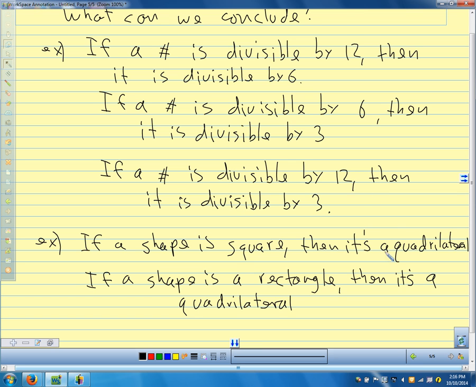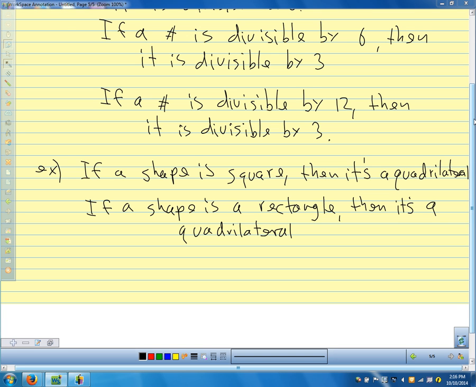The first one says if a shape is a square, it's a quadrilateral. The second one says if a shape is a rectangle, then it's a quadrilateral. What's the problem here? They both have the same ending. We can't link them together. We have to be able to link the end of one to the beginning of the other. We could say if a shape is a square or a rectangle, it's a quadrilateral. But that's just putting the two together. It doesn't link the beginning of one to the end of the other. So that wouldn't be wrong, but we're not using the law of syllogism there because we can't link them together. So we can't make any conclusion.